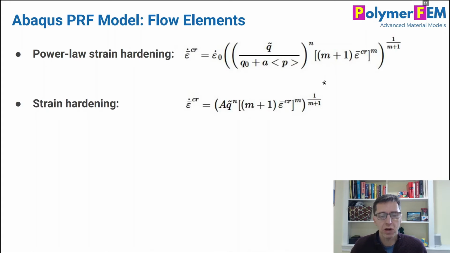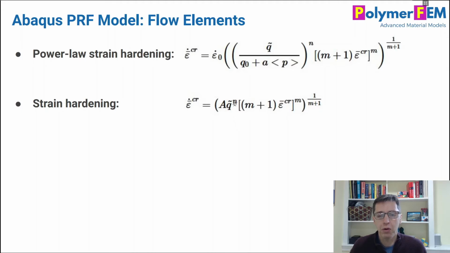Another one is the strain hardening model. This is one of the earlier ones that Abaqus supported for the PRF model. It looks kind of similar, but it's actually not a good model to use. You should not use the strain hardening version of the flow element here. You can see that this will cause problems because simply Q is the shear stress.